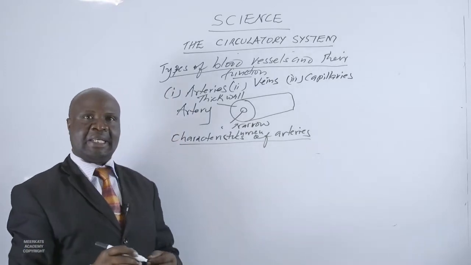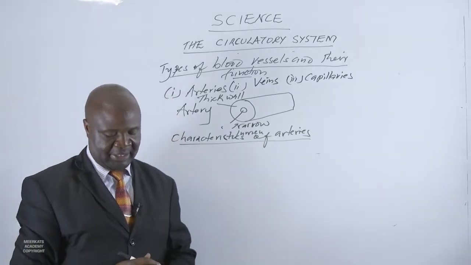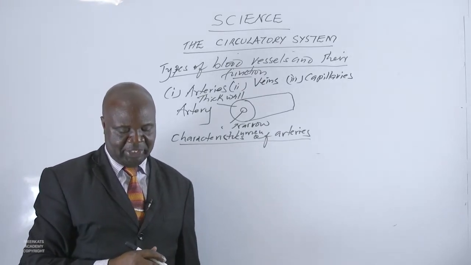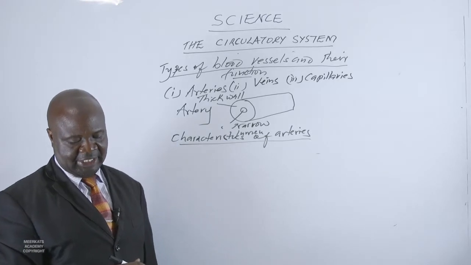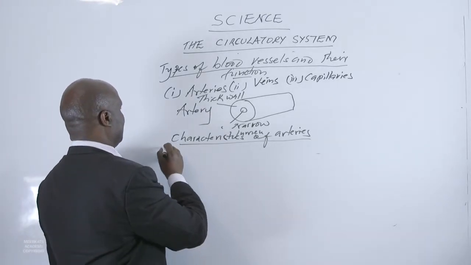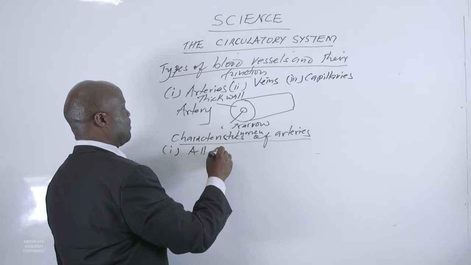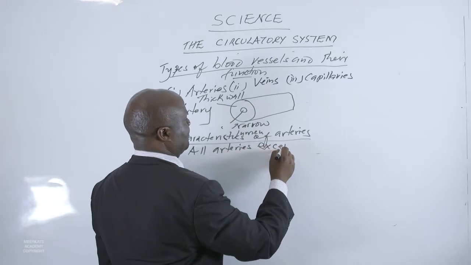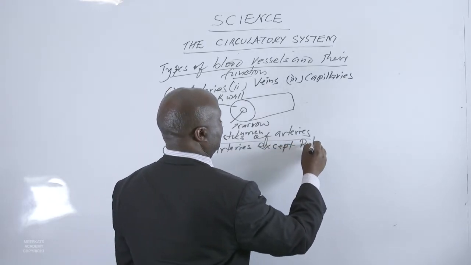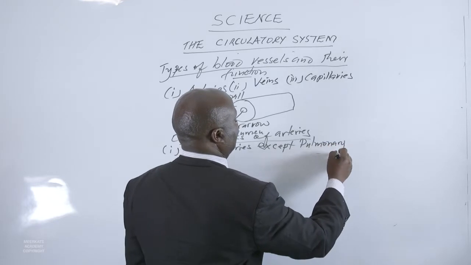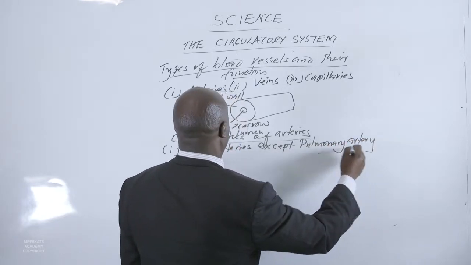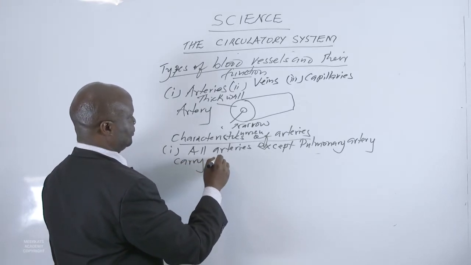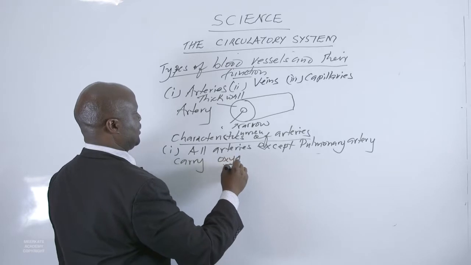We want to see the major characteristics of these arteries. One, all arteries except the pulmonary artery carry oxygenated blood.